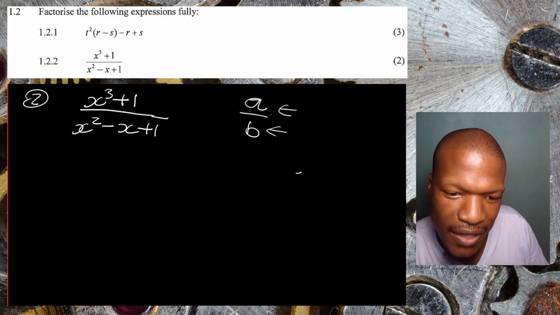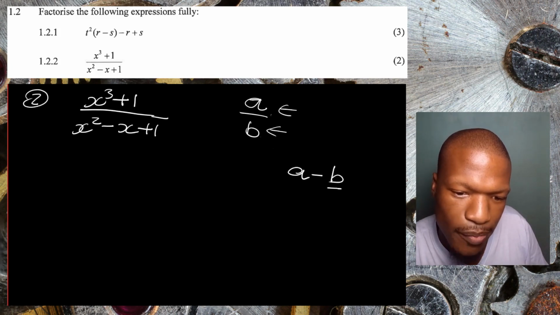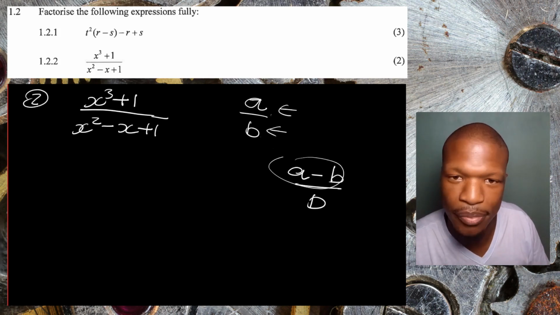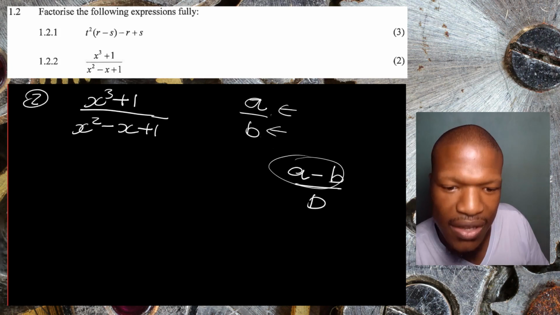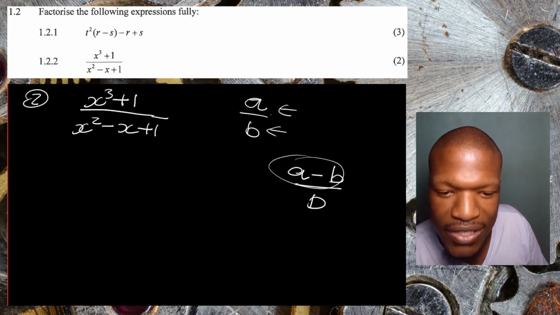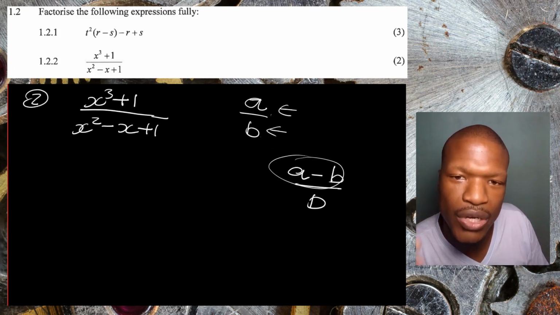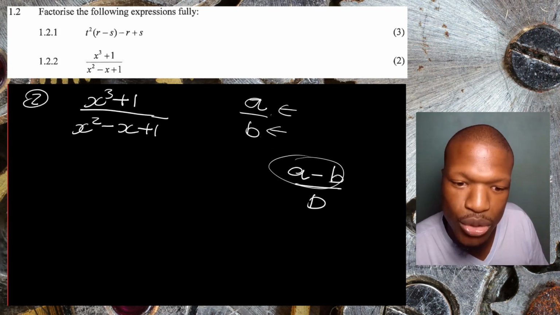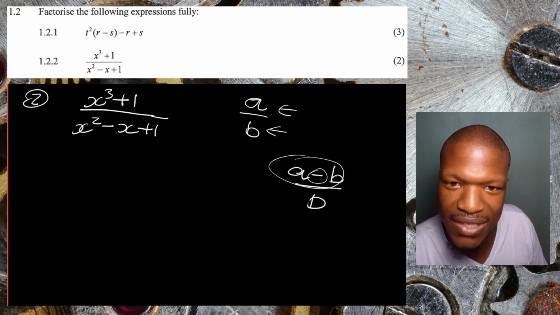Because if we have a minus b all over b, these are just terms, and this is not a product, it is a difference, right? And in a difference, we have terms. We do not have products. These are terms put together with a minus sign.